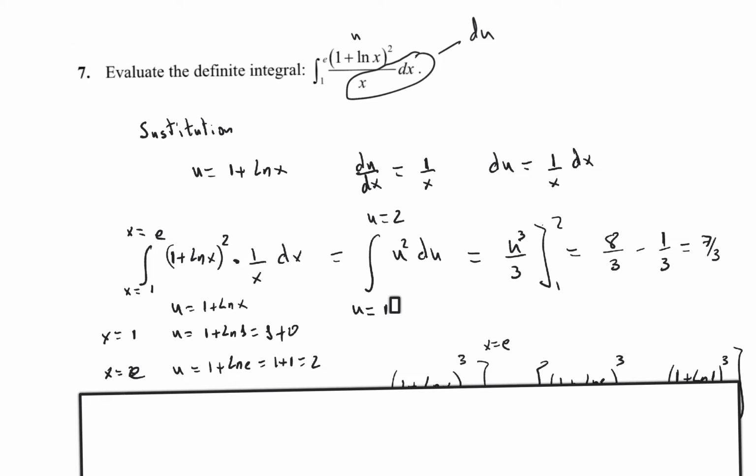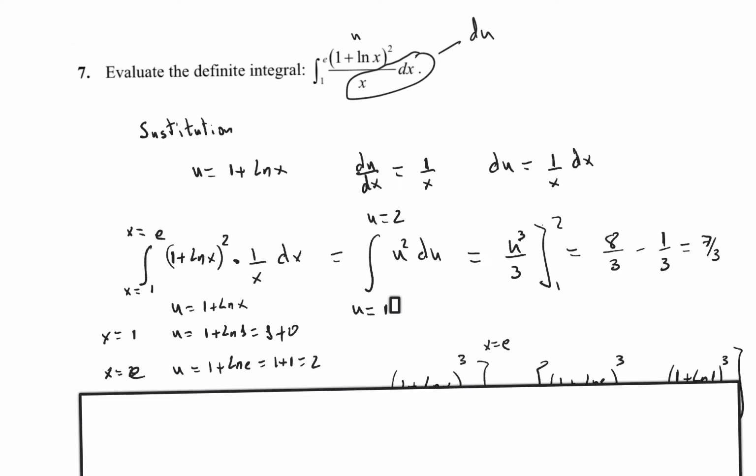We substituted u by 1 plus log of x. When x equal 1, log of 1 is 0, so u is equal to 1. But when x equal e, the upper limit, log of e is 1.